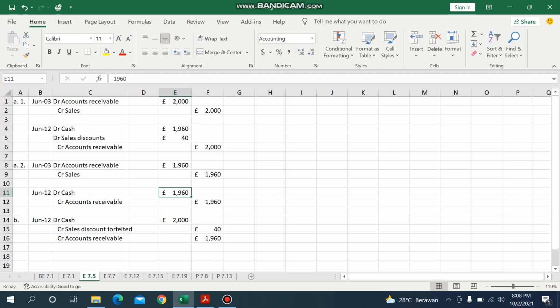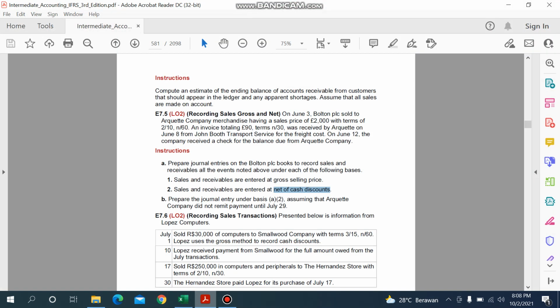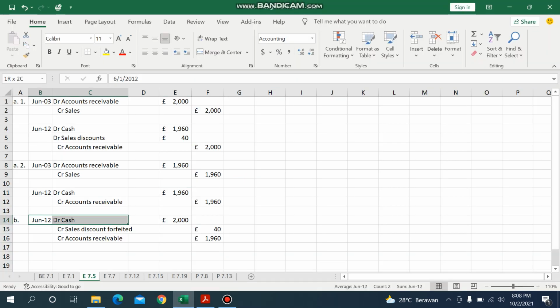And then B, let's say Arcade Company paid on July 29, so it will be already over the discount period. So how is it if the customer has passed the discount period already? This will be the journal entries.